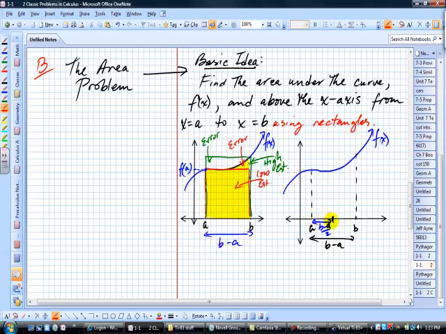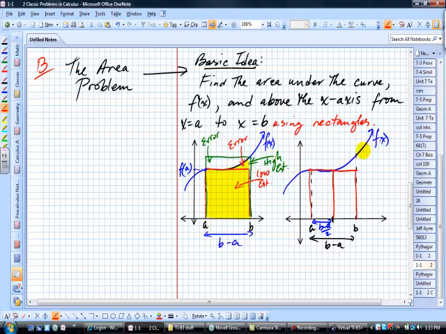This is called a subinterval. I come in from the left, go up to the function, top it off, and come back down. Then for the next subinterval on the right, you come in from the left, go up to the function, top it off, and come down. Wherever it meets the function, top it off and come back down. Now you notice this looks just like the previous one in red, so it's going to give us a low estimate.